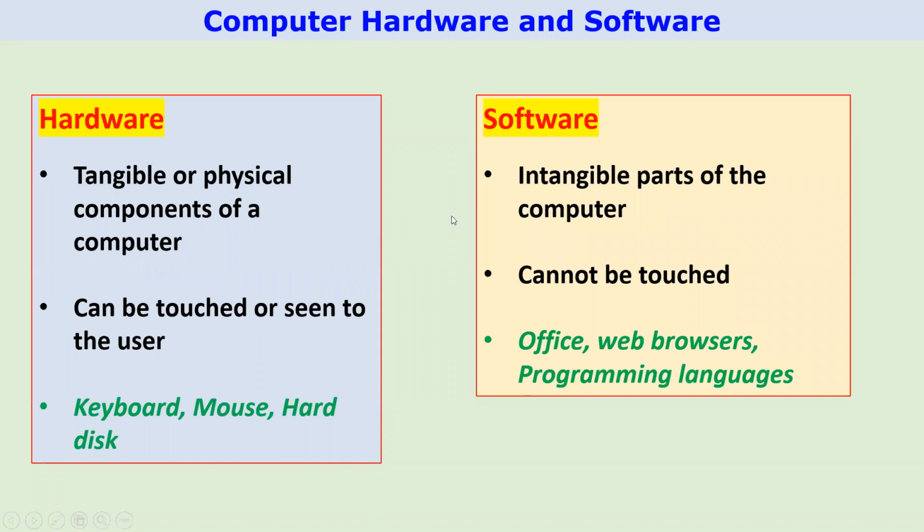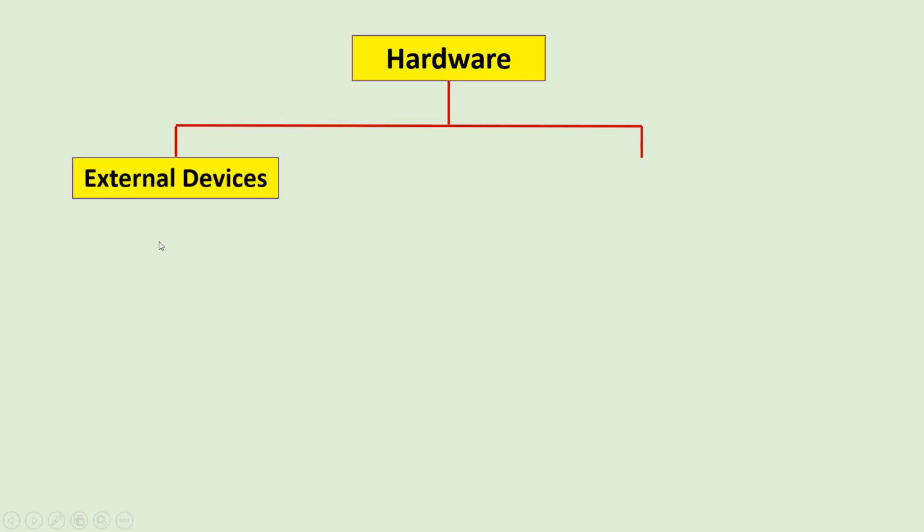Then we want to get a little idea about the types of hardware available in the computer. Look at the diagram here. This diagram explains the hardware categories available with the computer. Mainly, there are two types of hardware categories: external devices and internal devices.